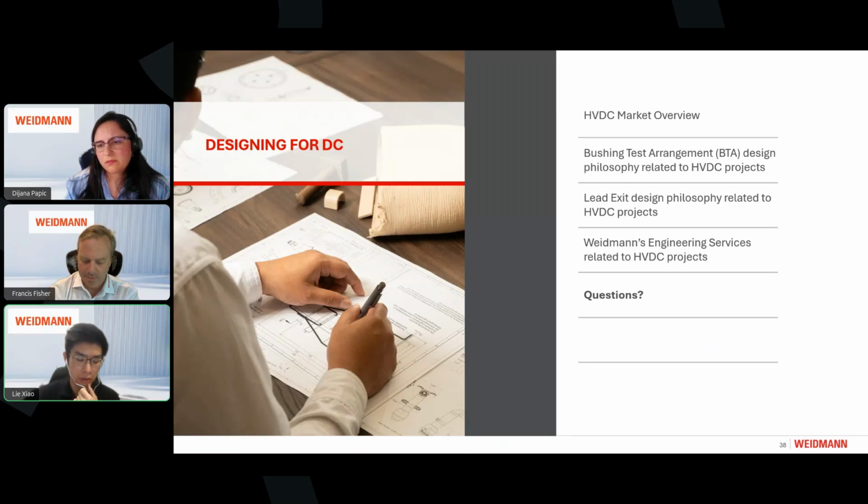So we have considered this situation, but properly considering the space charge during the daily work for the design of the HVDC means that you need both an accurate description of the material and also advanced software or simulation.